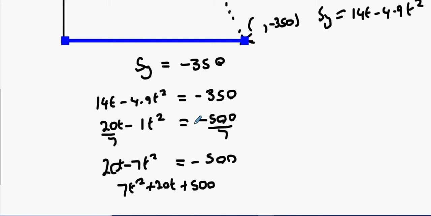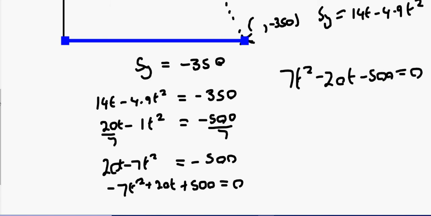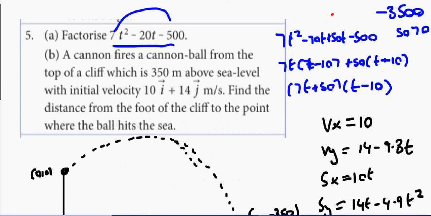No, minus 20t. Not that either. That's plus 500. That's minus 70 plus 20. Equals 0. Multiply both sides by negative. There we go. That's what we had at the start.